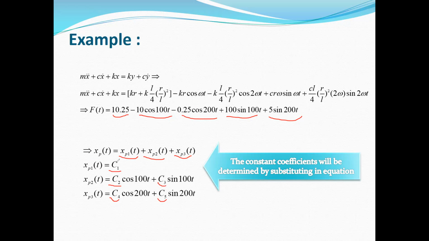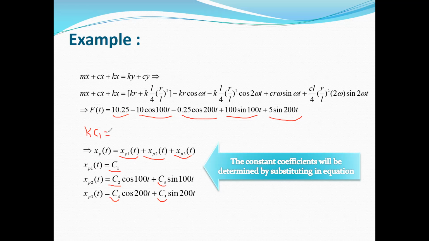For example, for xp1, if you substitute into the main equation, the first derivative and second derivative of C1 is 0 because this is a constant value. So the derivative of xp1 with respect to time is 0. Once you substitute here, we will have k times C1 because x is C1.